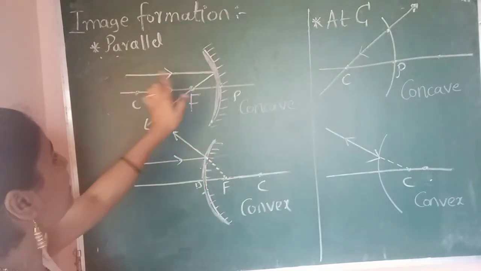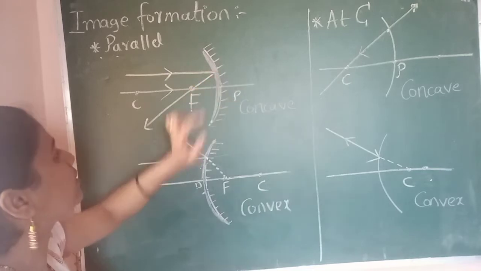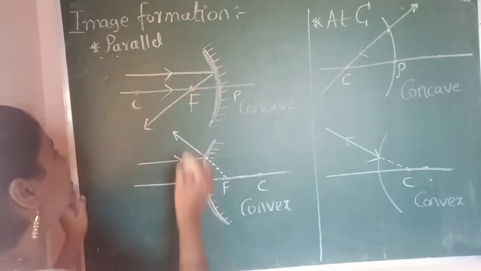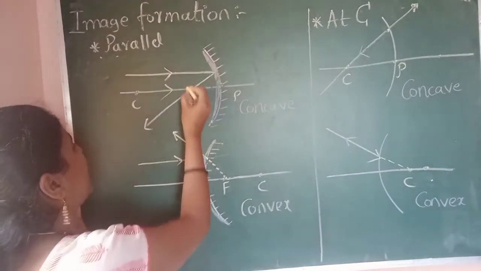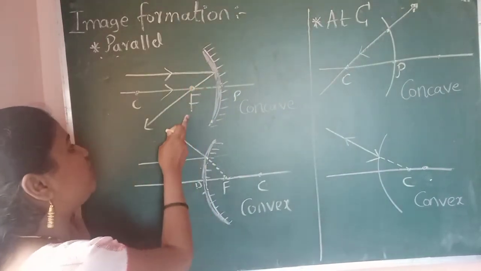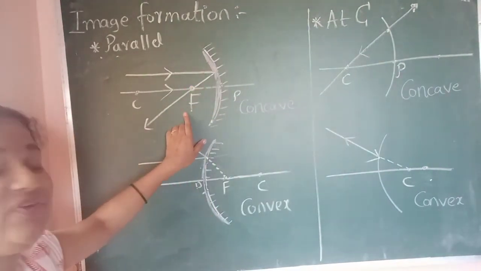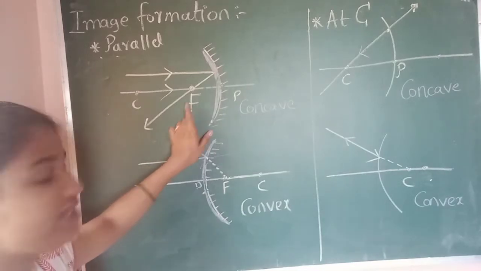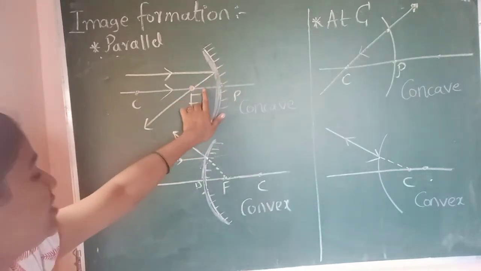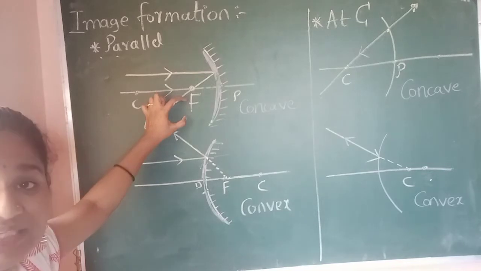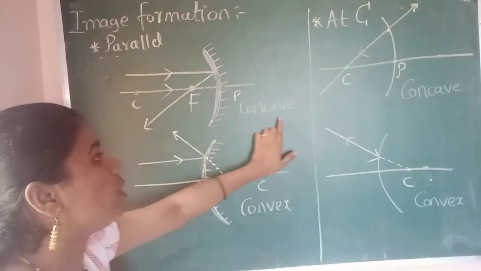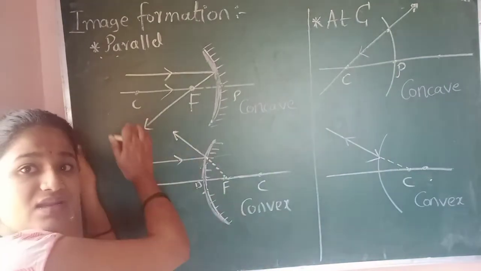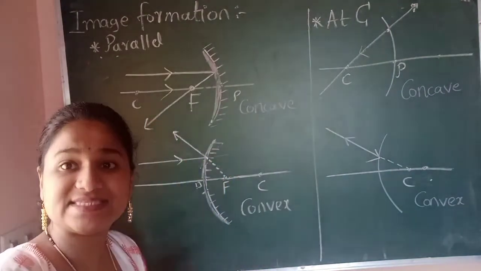When the parallel ray of light is incident on the concave mirror, the reflected ray is found to pass through the focus of the mirror. The reflected ray of light passes through the principal focus of the mirror.